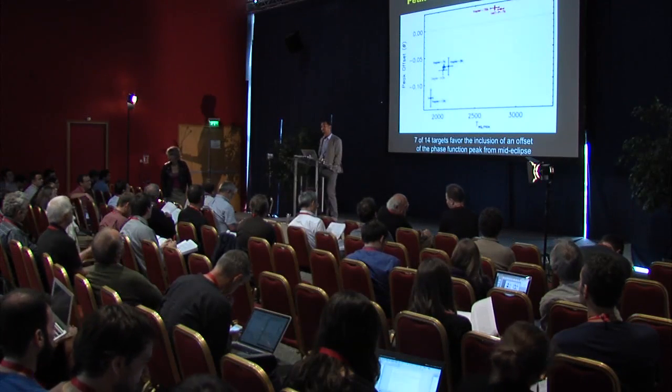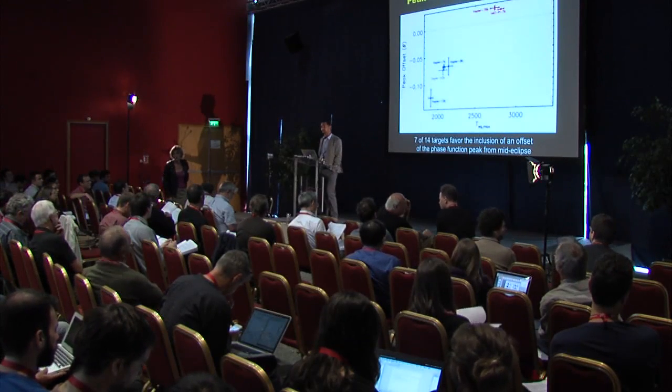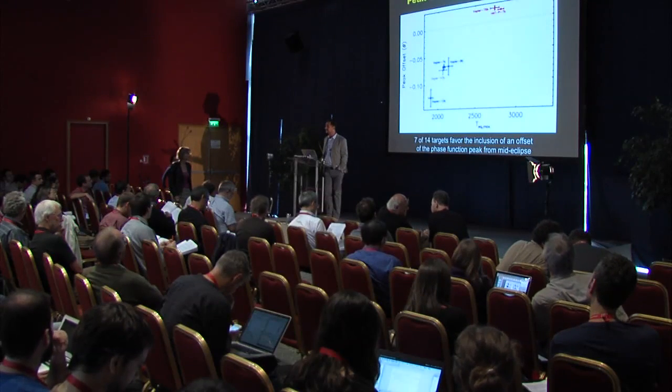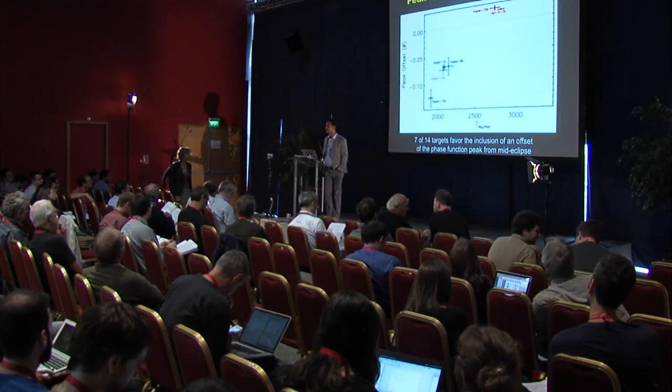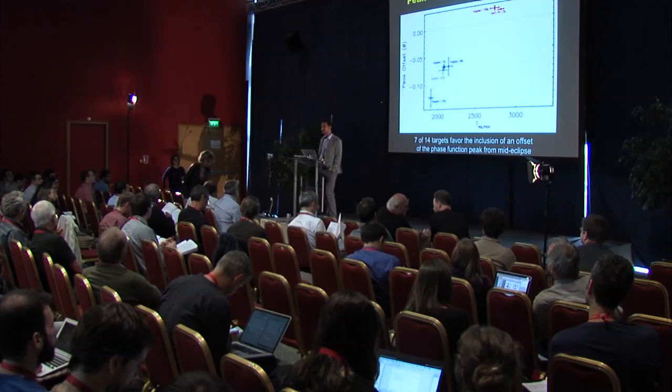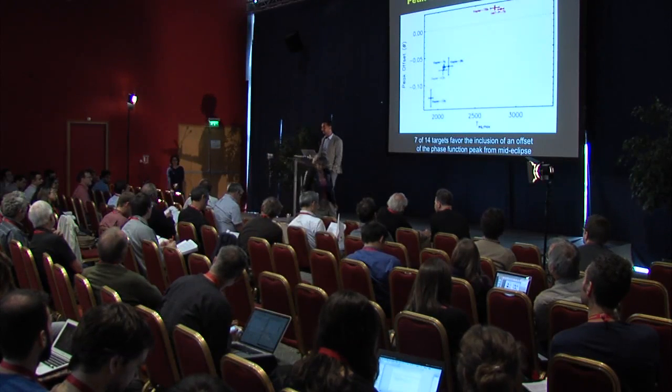Whether we see it in the photometry alone, or in your models. I mean, this slight eccentricity is interesting. Yeah, I don't think we do, but we can look into that.